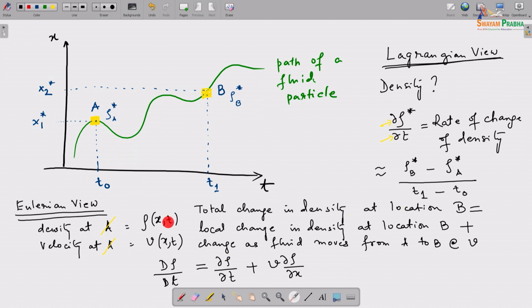Whereas when I say rho x t, this is the Eulerian view, I am basically saying this could be the density anywhere in the flow field, define it anywhere in the flow field, right. And it is possible that in this sort of a domain there is actually no change in that density, it is actually one value. So if you do calculate total change in density, if it moves say from A here to B here, you will find that the density change is minimal, insignificant, and so on and so forth.